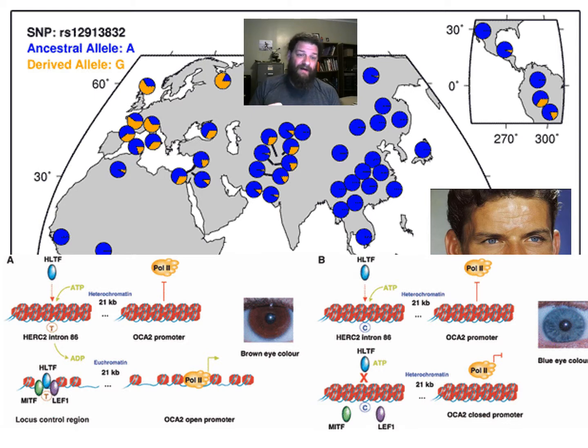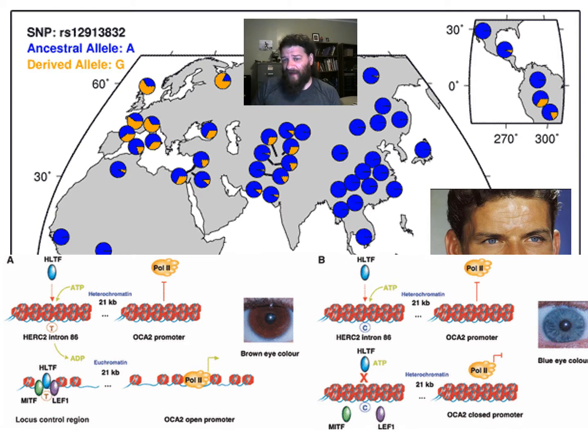In this case, when this protein HLTF associates with the locus of control region on the HERC2 intron, it allows the OCA2 region to become euchromatin and allows those nucleosomes to loosen up, and it allows the polymerase 2 to get in there and transcribe and translate and all that good stuff.